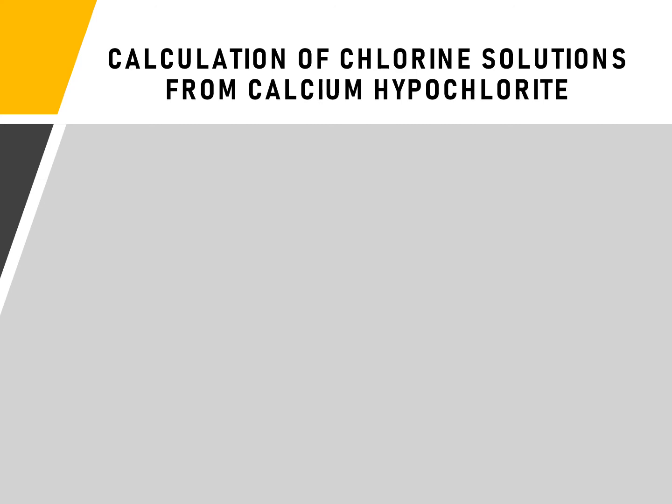To produce the final desired concentration, the weight, which is in grams, of your calcium hypochlorite that should be added per liter of water can be determined based on the calculation shown in the slide. So if you have the solid form of your sodium hypochlorite at home, you can still prepare your household bleach using that one by following this formula.